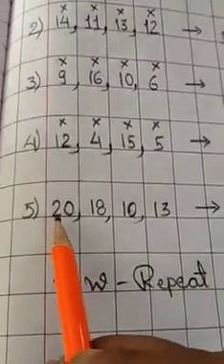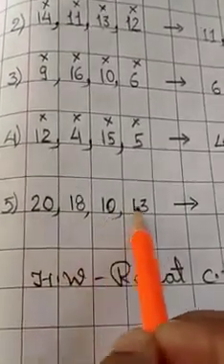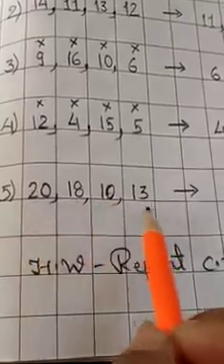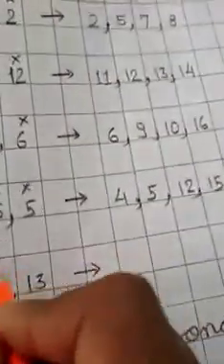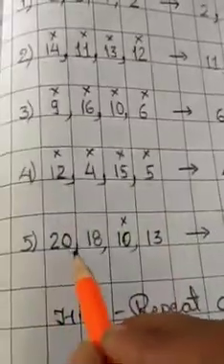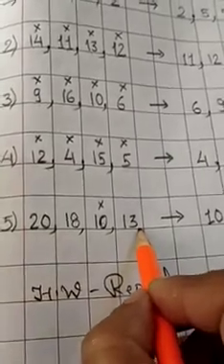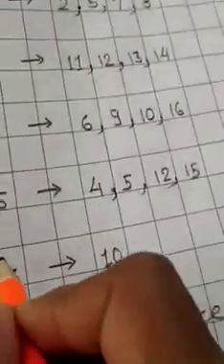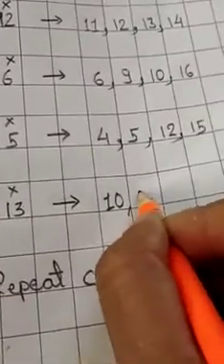Next, last one, 20, 18, 10, 13. Now tell me which one is smallest? Yes, 10. So cross this and write 10 here. Now 20, 18, 13. Which one is smallest? Yes. So cross this 13 and write 13 here.